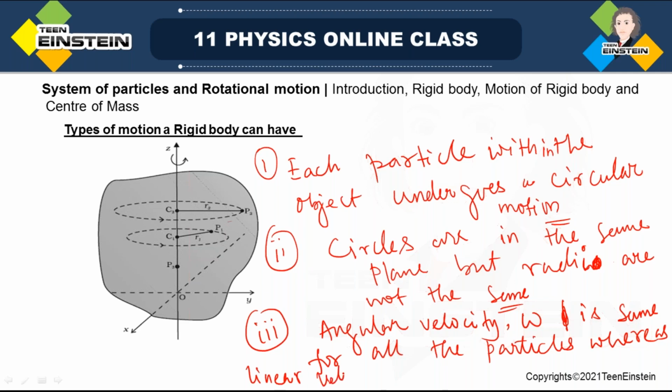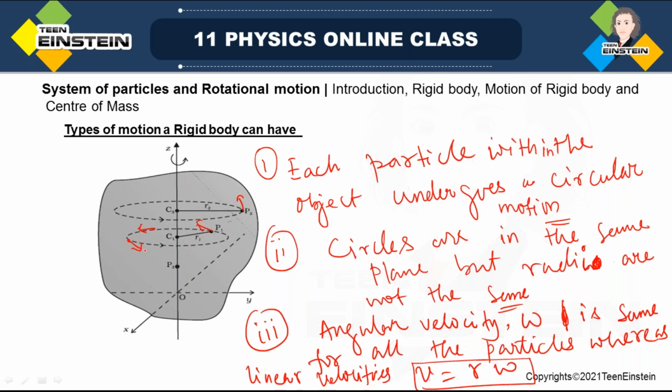Whereas linear velocity v is equal to the radius of the circular path they are moving in, r, into omega. So this is the general formula: v is equal to r into omega, and the linear velocity has its direction along the tangent. At each point the linear velocity will be along the tangent at that point.